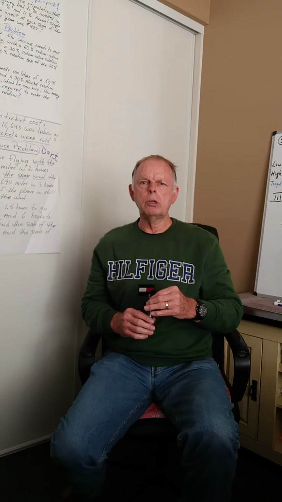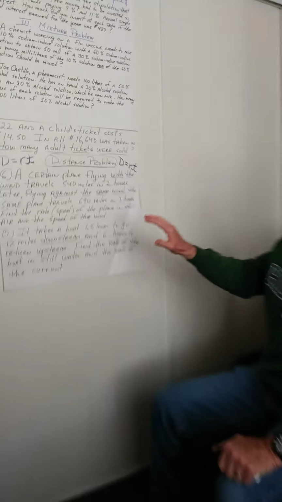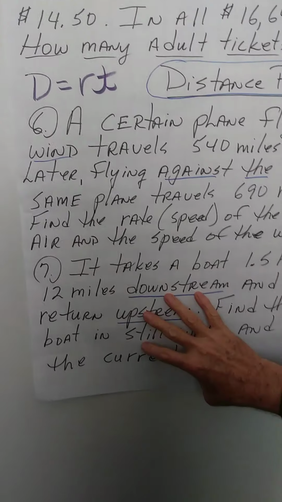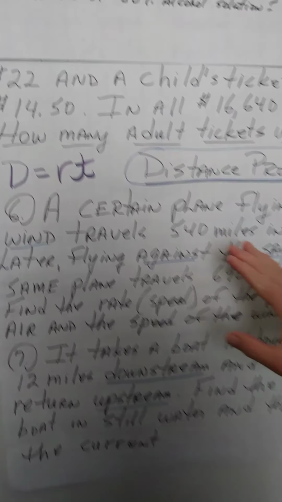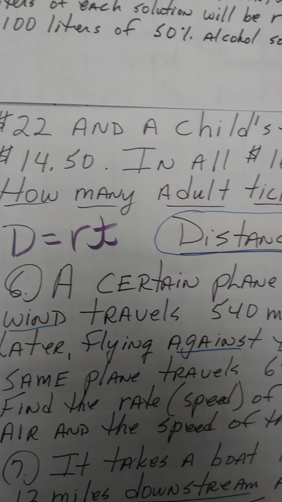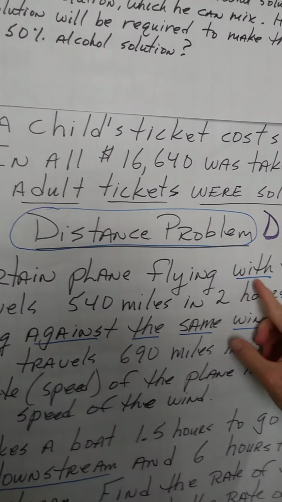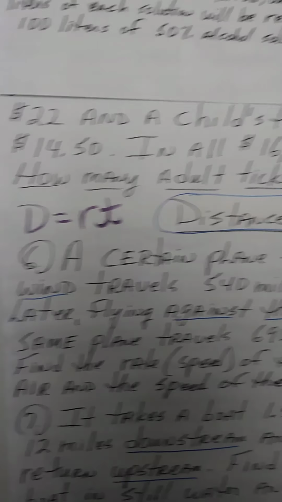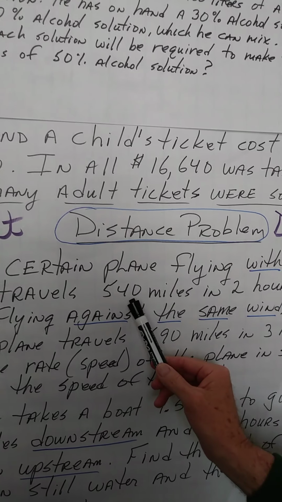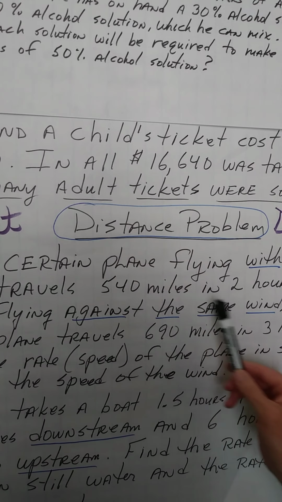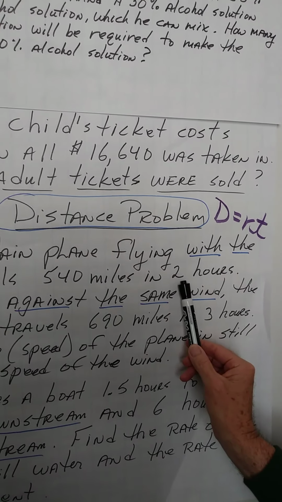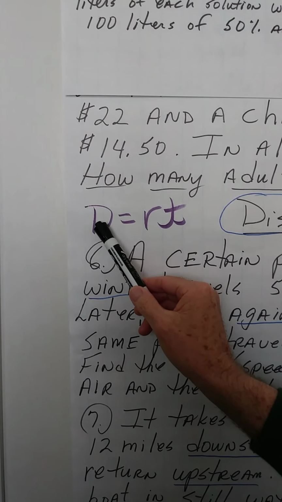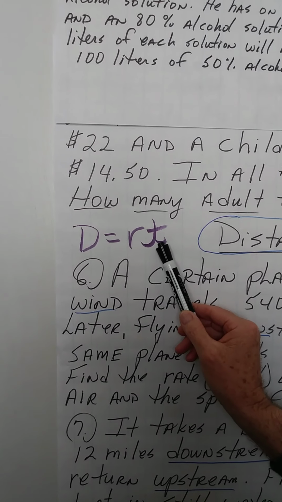Now we're going to show you how it goes. We're going to do the plane first, and then we'll do a boat. Here's what it says. A certain plane flying with the wind travels a distance of 540 miles in a time of 2 hours. We know the distance and we know the time.